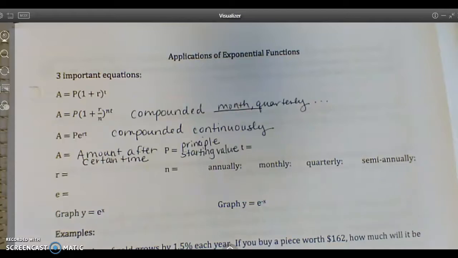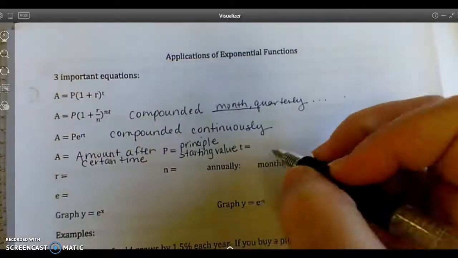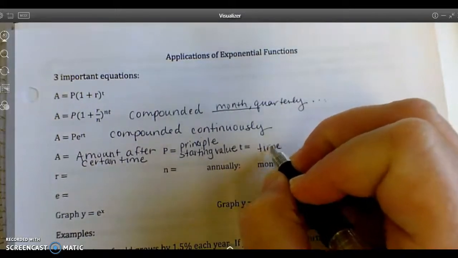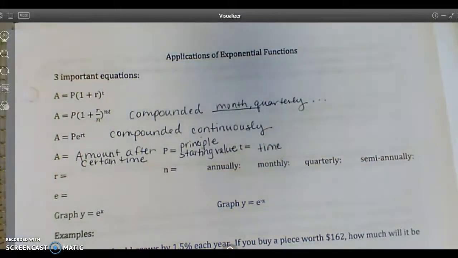If I buy a car, it's the amount I originally paid for the car. Okay? T is the time. If I want to know how much it's worth after 5 years, T is 5. If I want to know about bacteria and I want to know how much bacteria is there after 10 days, T is 10. It just depends on the problem.